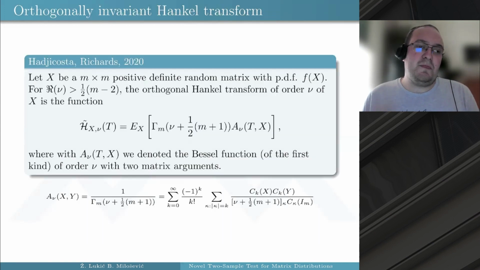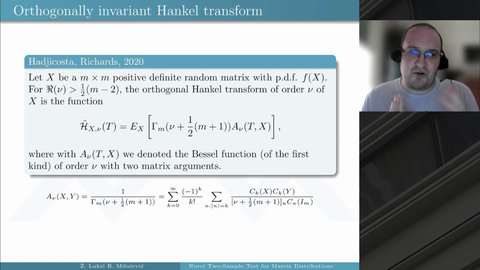Also, let's briefly discuss this object, which is in the matrix case quite similar to our Hankel transform in 1D. This object is proposed by Hadjicosta and Richards in a paper from 2020.